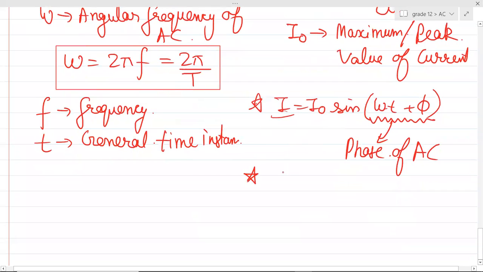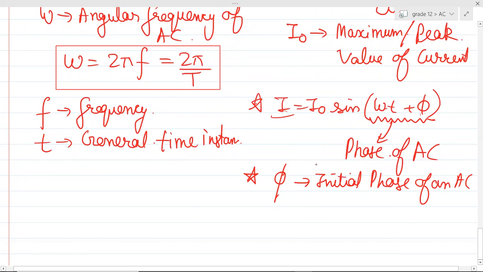What is this phi? Phi is called the initial phase of an AC. We'll see what it means later in the chapter. For now I'm just introducing the whole equation to you.